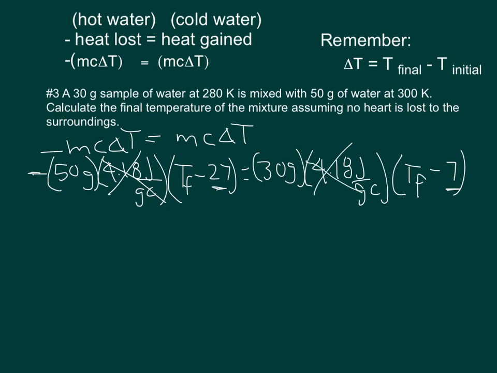Okay, so we have removed that. So now distribute the 50 grams to the TF, and then negative 50 times the negative 27, and do the same on the other side. And we should get a final TF after you do all the algebra as 19.5 degrees Celsius.